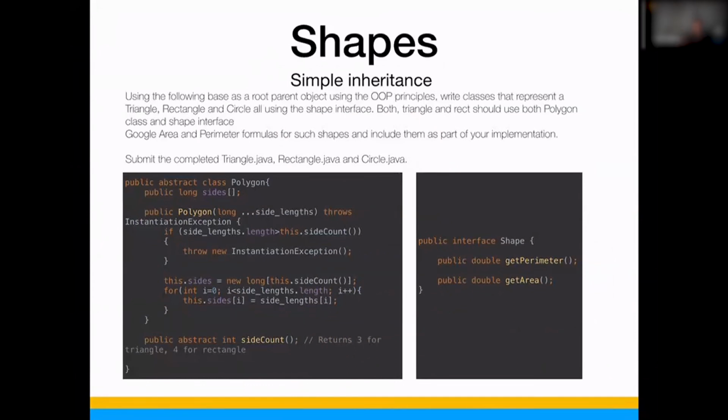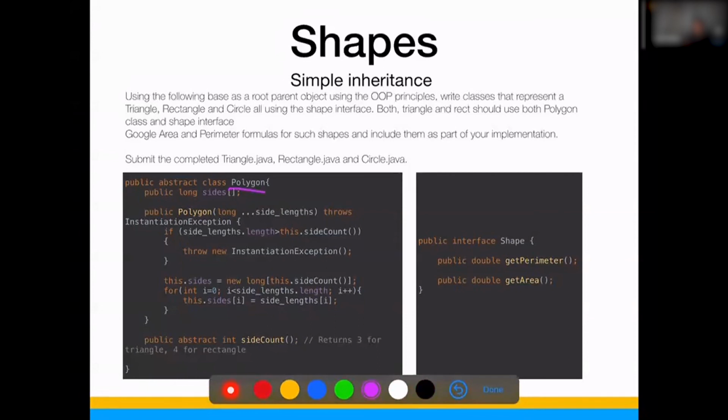What we're going to do is play a little bit with all these concepts. There are a few examples of classes in the assignment, where we have a class called Polygon and an interface called Shape.